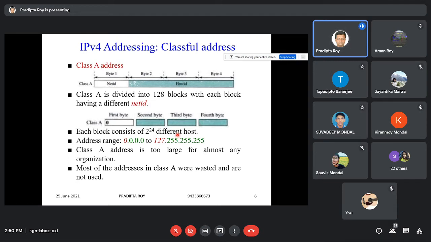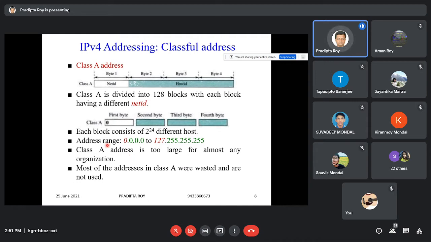In the real world, no organization is present that has 2 to the power 24 clients or nodes. So lots of class A addresses were wasted.